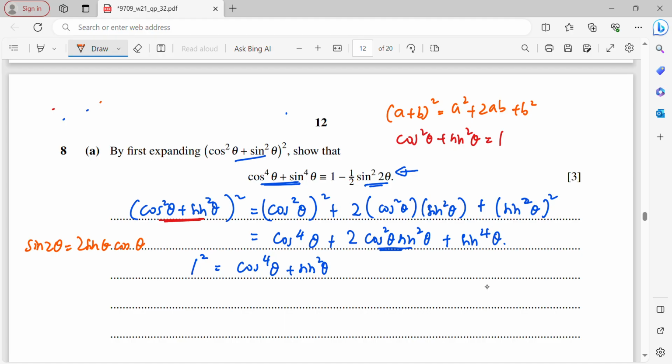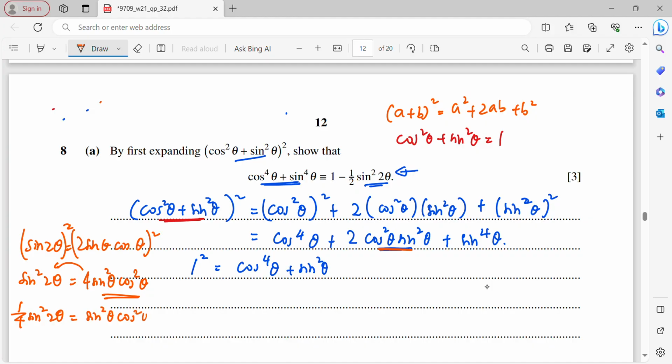If I square both sides, I get sine squared 2 theta equals, bringing the square to the 2, 4 sine squared theta cos squared theta. But here I just want the cos squared theta sine squared theta first, so I can get this as the subject, which means the 4 will be moved to the other side. So 1 over 4 sine squared 2 theta is going to be my sine squared theta cos squared theta.